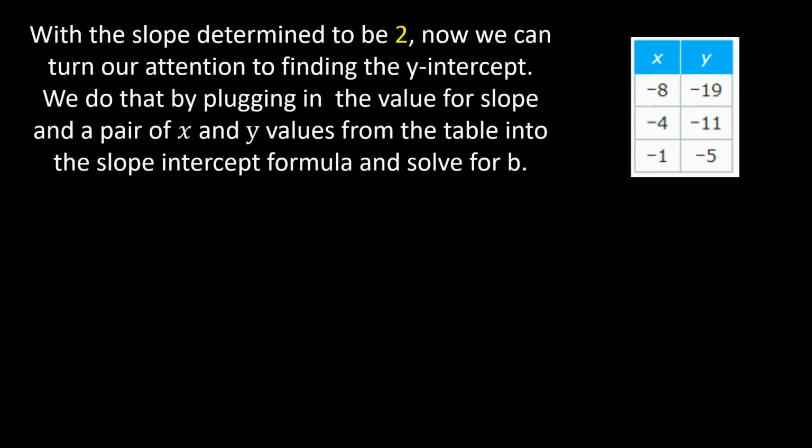With the slope determined to be 2, now we can turn our attention to finding the y-intercept. We do that by plugging in the value for slope and a pair of x and y values from the table into the slope-intercept formula and solving for b. So we get y equals 2x plus b. I've selected for our x and y values -8 and -19.